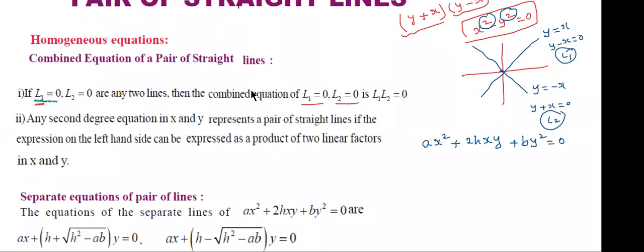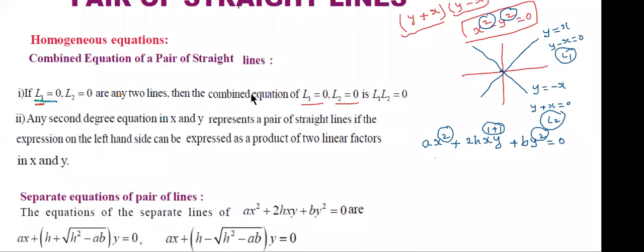This is a homogeneous equation in variables x and y. How do we say that this is homogeneous? The degree is the same: here 2, here also degree 2, here 1 and 1, 1 plus 1 is 2. Degree same means we will say that the line is homogeneous. This is a homogeneous pair of straight lines.